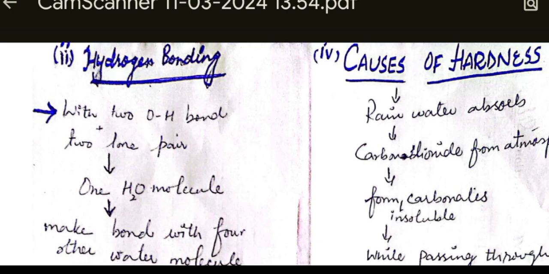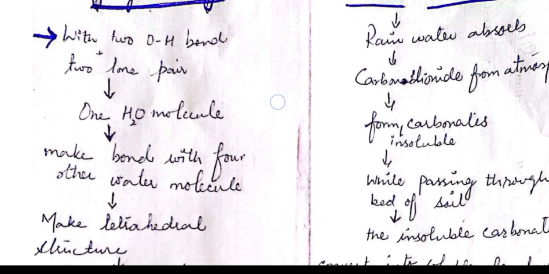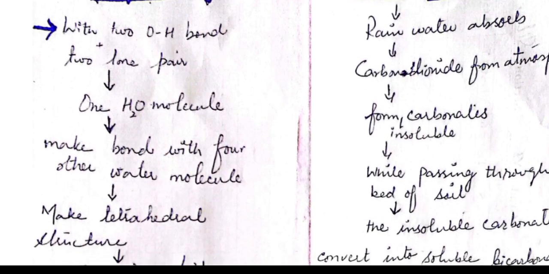The next unique behavior of the water molecule is its ability to form hydrogen bonds. In hydrogen bonding, one water molecule makes bonds with four other water molecules with the help of two hydrogen bonds and two lone pairs.